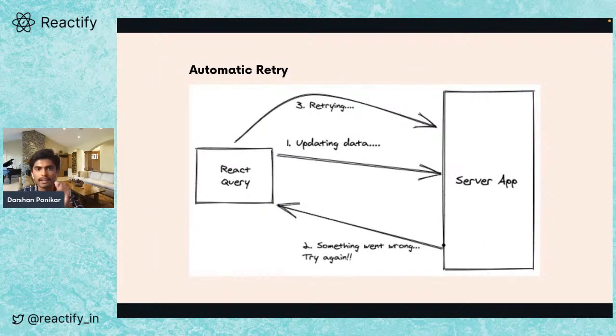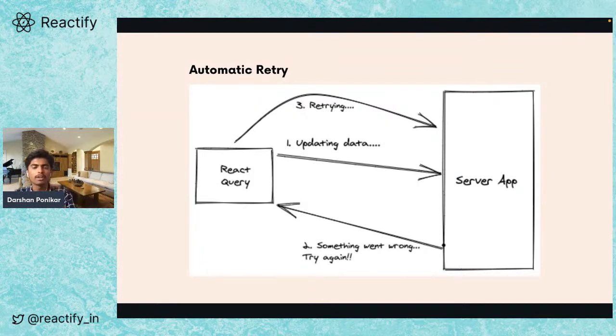Another thing is automatic retry, which we have seen in modern applications. Let's suppose you are fetching some data on the client and somehow it went wrong. So you will press a try again button, and the data will be fetched again.